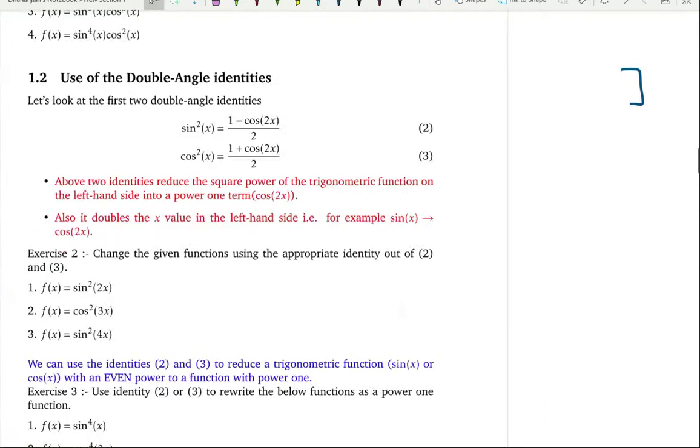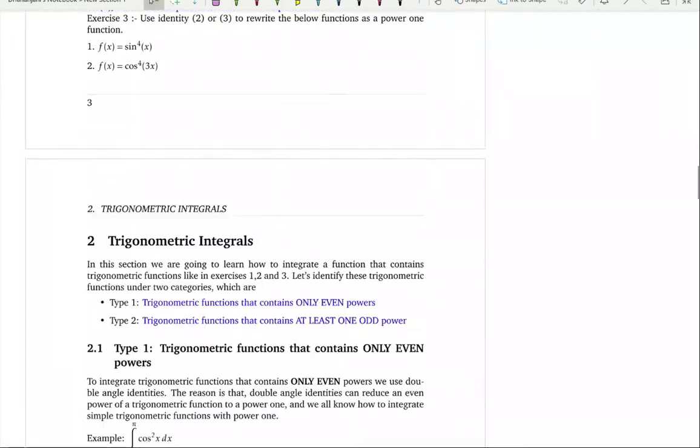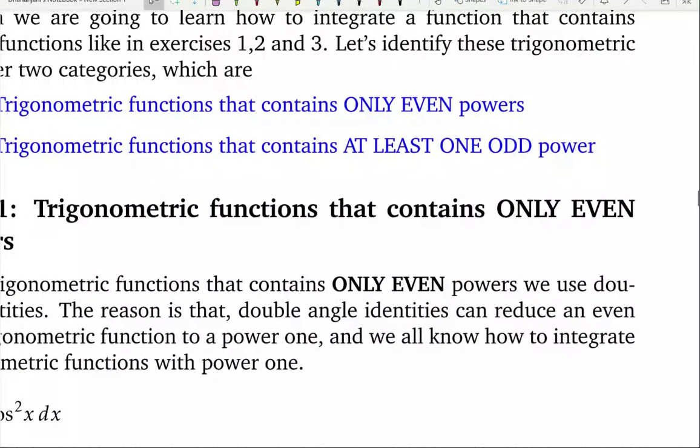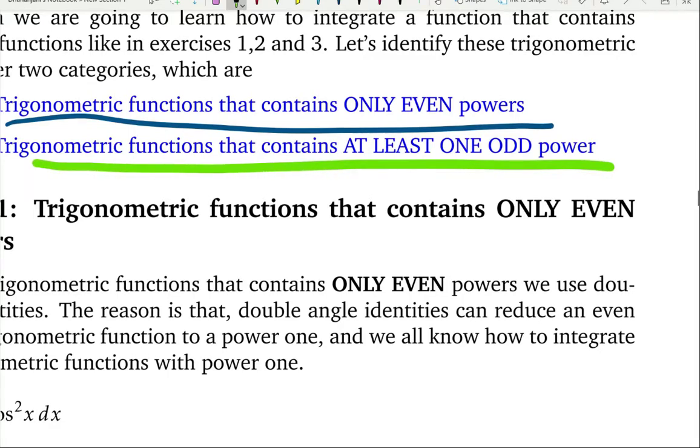So solving trigonometric integrals falls into 2 categories: trigonometric functions that contain only even powers, and trigonometric functions that contain at least one odd power. If a trigonometric function contains at least one odd power, do not use double angle identities.